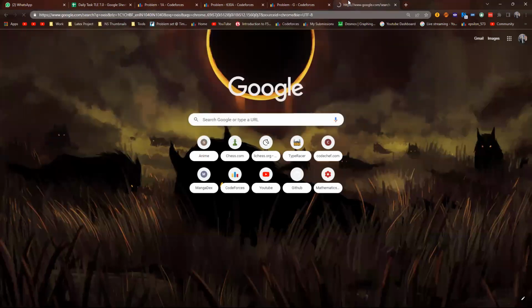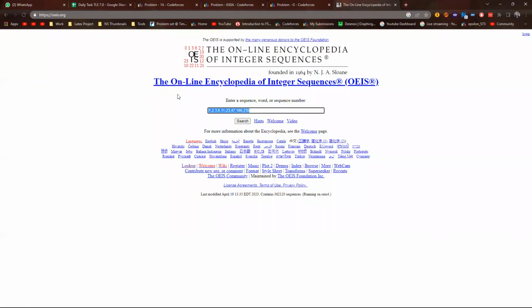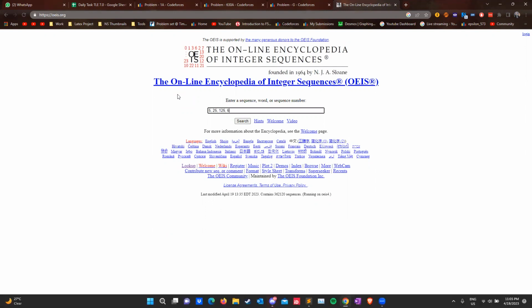If you go to the calculator, 5 to the power 1 is 5, 5 to the power 2 is 25, 5 to the power 3 is 125, and multiplying by 5 again, it will be 625, I think.